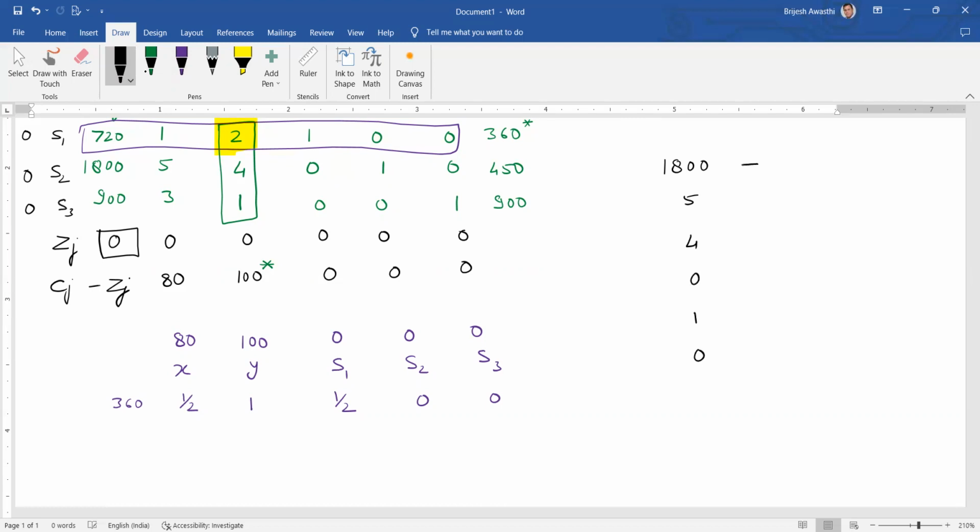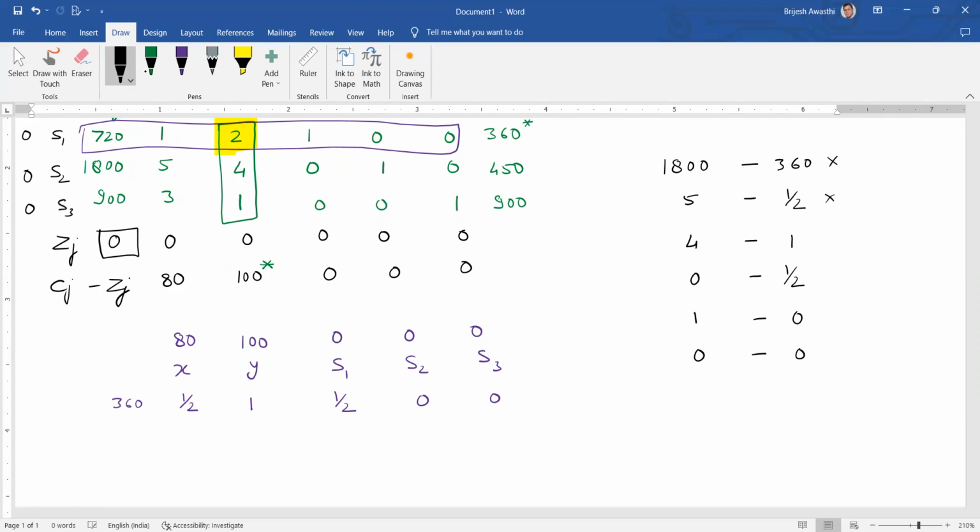Then we subtract the key row's new values, which are key row divided by key number. So the new values are 360, 1 by 2, 1, 1 by 2, 0, 0, and 0.